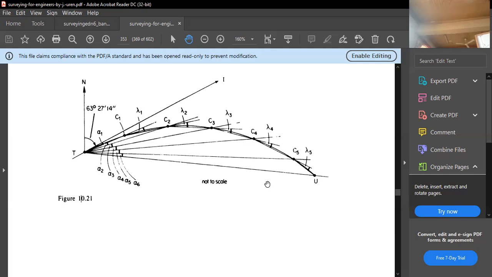If there's another point here, D, then the bearing is from here. So this is the north. The Northings are Y. The Eastings are what? X.